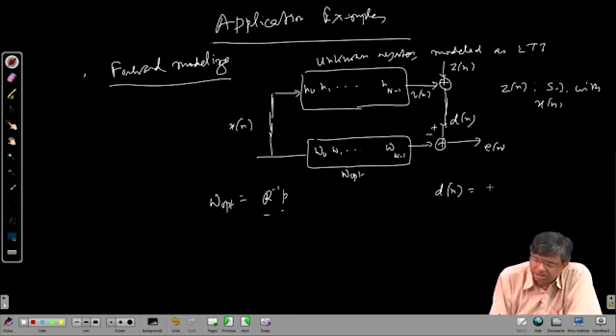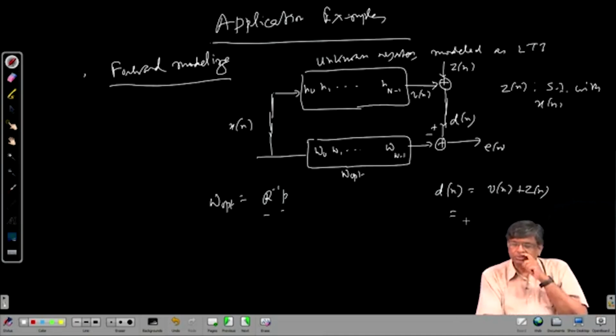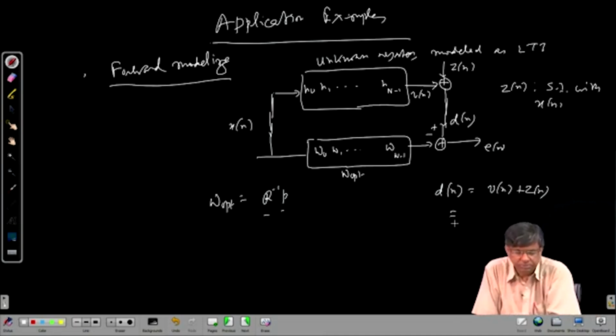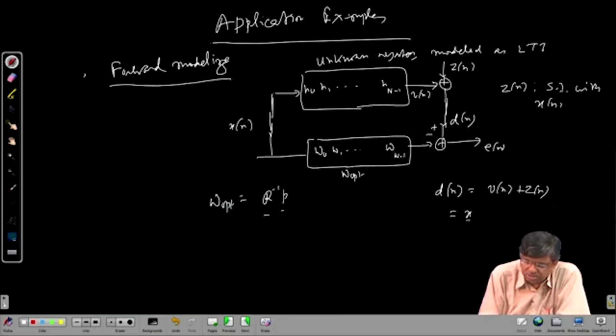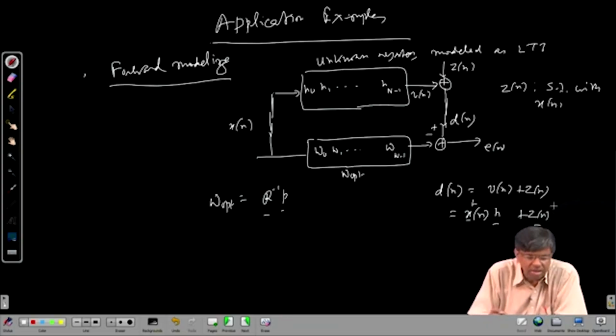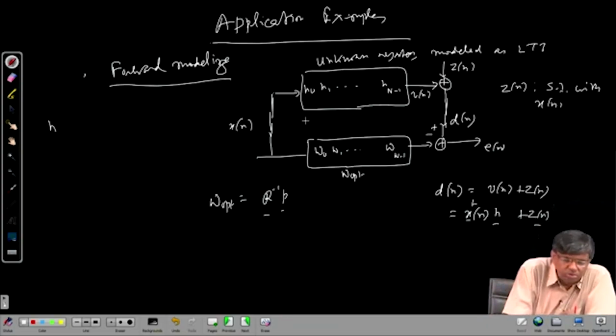Dn is Vn plus Zn. And what is Vn? Vn is Xn transpose H, and this plus Zn. What is H? H is the true system coefficient vector. I do not know them, I have to find them.